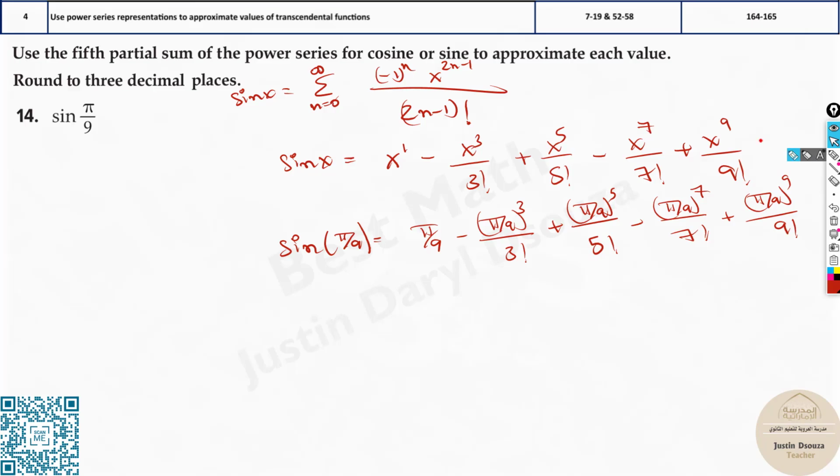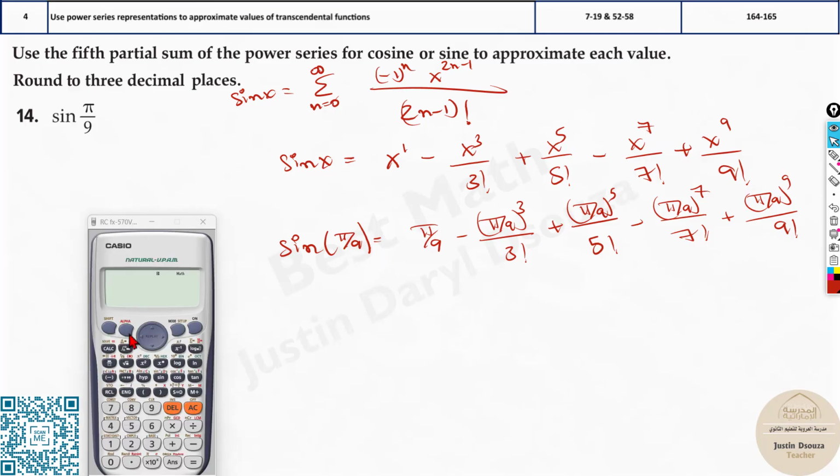Now again here as well, in the calculator you can write this in terms of x, and then you can easily change it for any given value. Now we'll substitute in the calculator. Again we'll use the x terms. The second term is minus x cubed divided by 3 factorial, that is shift and over here, plus again x power 5 this time divided by 5 factorial.